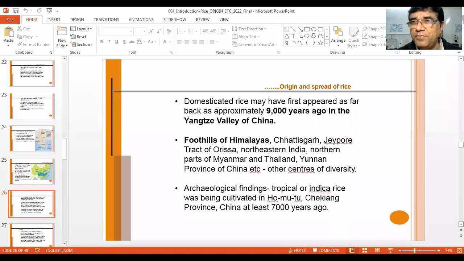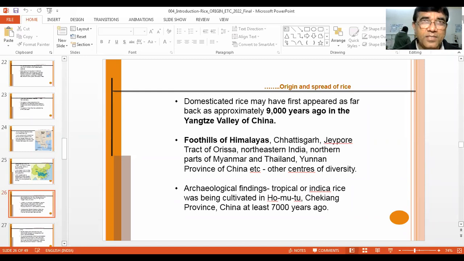Javanica does not have much value except in some parts of Indonesia, but Japonica and Indica are very, very important. Most Indian rice is Indica, and most Chinese rice and other countries' rice is also Indica. Japonica's name is given by chance, but many people call it Oryza sinensis, meaning from China.